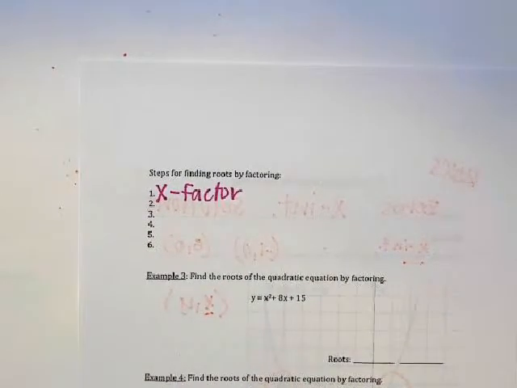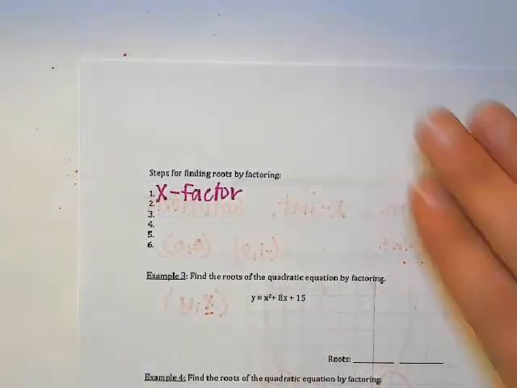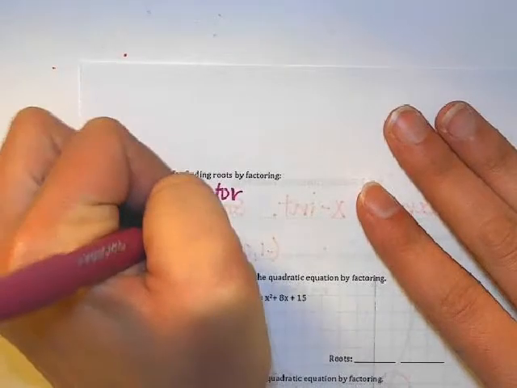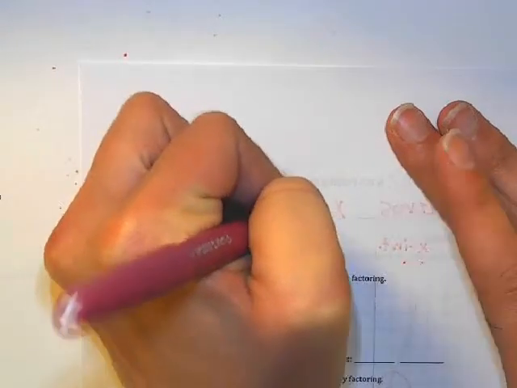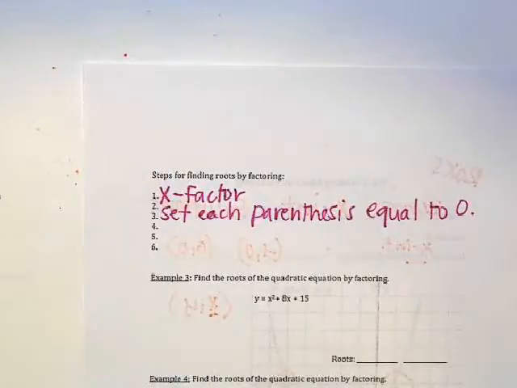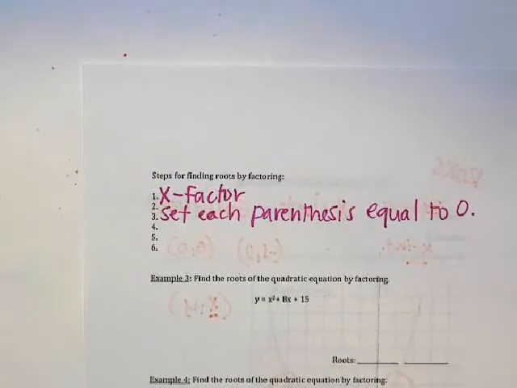So once you finish your X factor problem, then step 2 is set each parentheses equal to 0. Set each parentheses equal to 0.